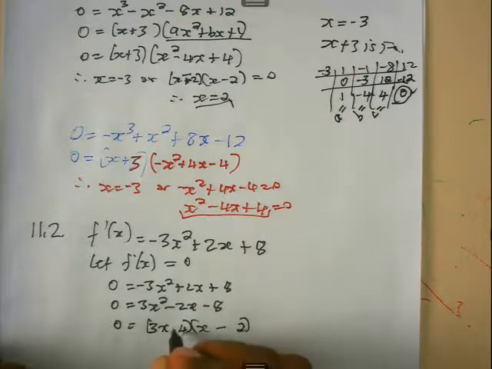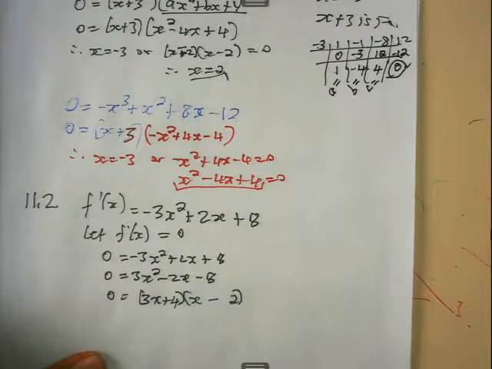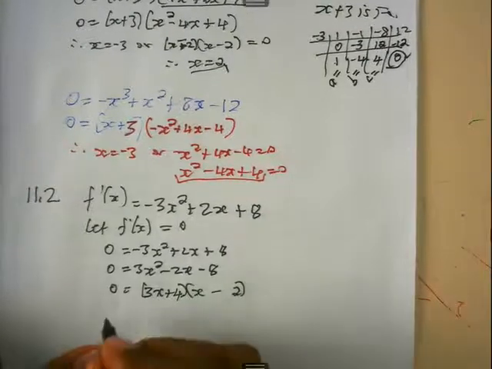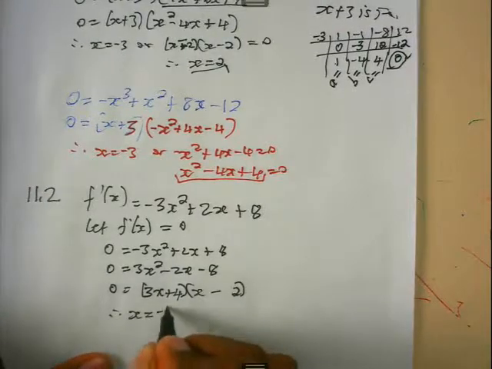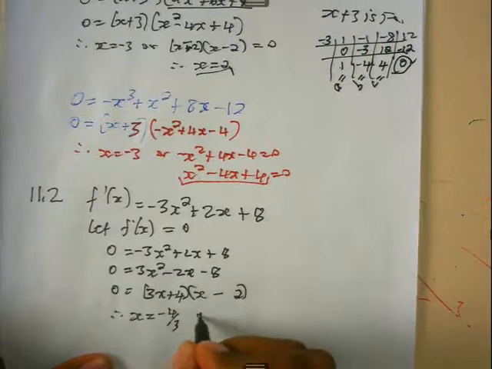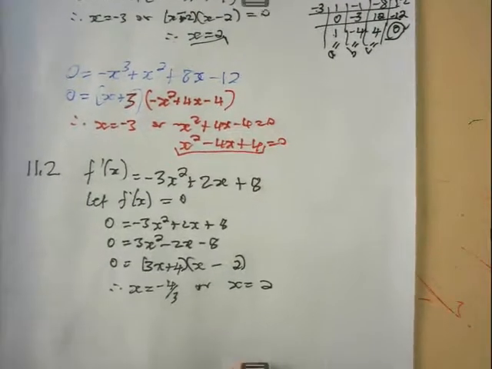This is minus, and this one will be positive on this side. 3x plus 4, x minus 2 are our factors of 3x squared minus 2x minus 8. Therefore, we can now say x is equal to minus 4 over 3, or also x is equal to positive 2.